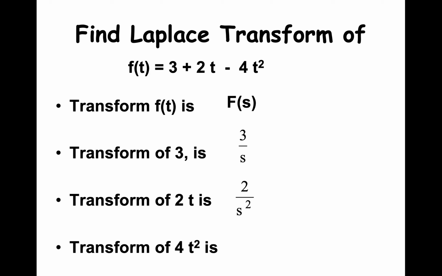Equation 14 tells us that the Laplace transform of t squared is n factorial over s to the power of n plus 1. In this case, n equals 2. So the expression is 2 factorial over s cubed. And 2 factorial is 2 times 1, which equals 2. Then, applying equation 3, we multiply the result by 4. So we get 4 times 2 factorial over s cubed.